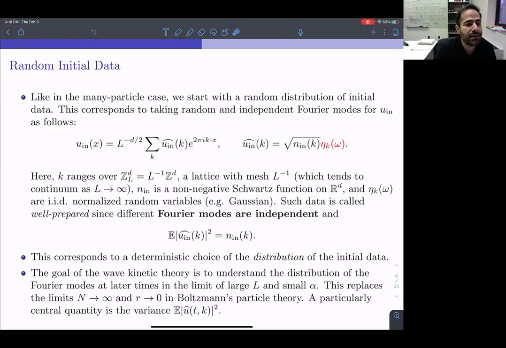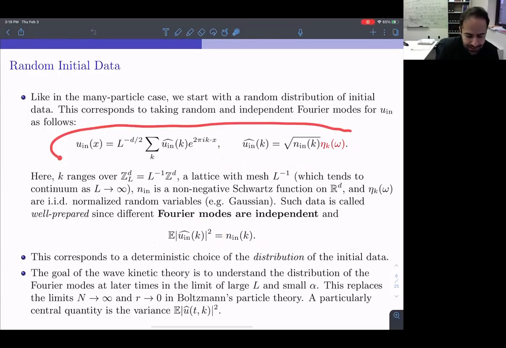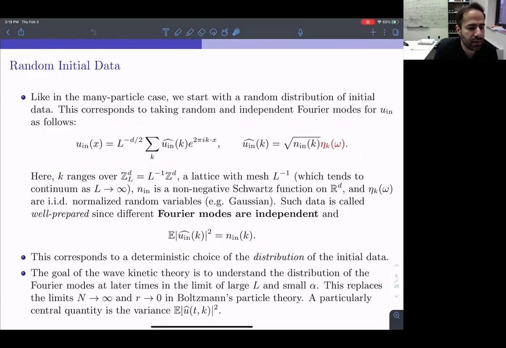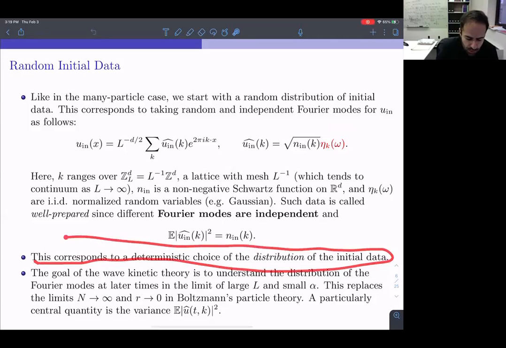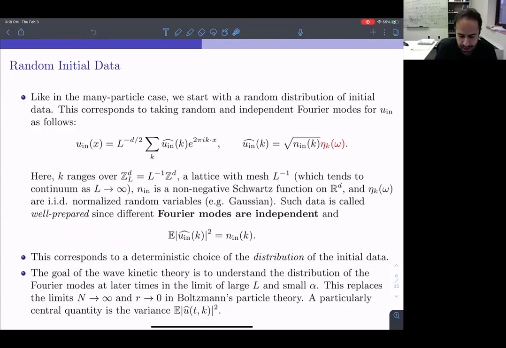So this is the type of random initial data that is considered in this theory. By the way, if you're familiar with Boltzmann's theory, the random choice of initial data is usually stated in terms of an initial distribution of initial data, which is deterministic. One can state things exactly in that way in this setting.